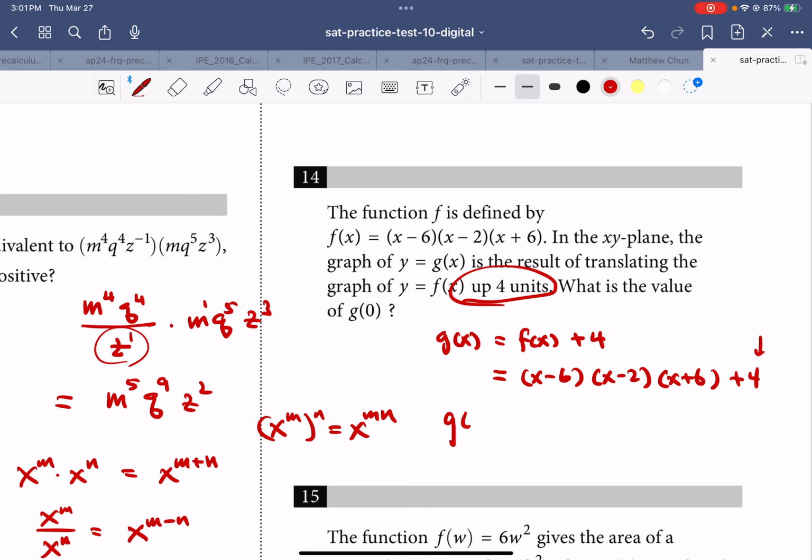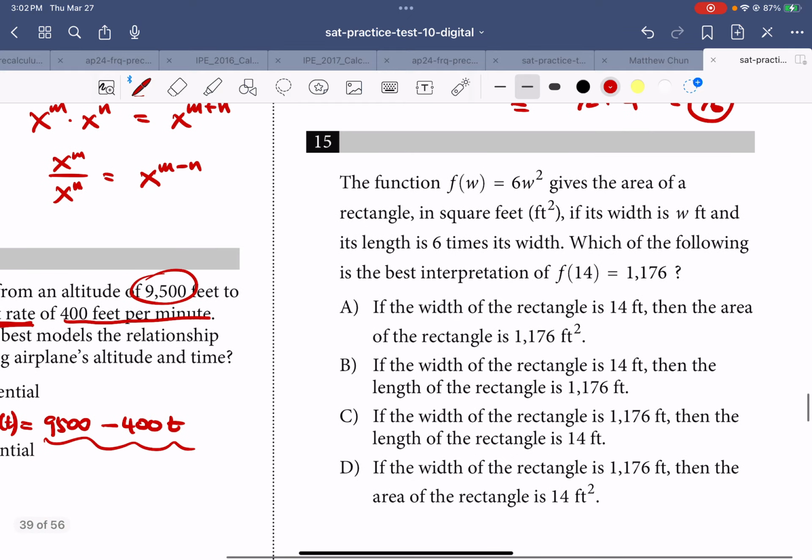Then what is g of 0 now? So you substitute 0 into x. So then negative 6, negative 2, 6, plus 4. When you compute this, you get 72 plus 4, which is 76, the final answer. You can use a calculator to compute this.